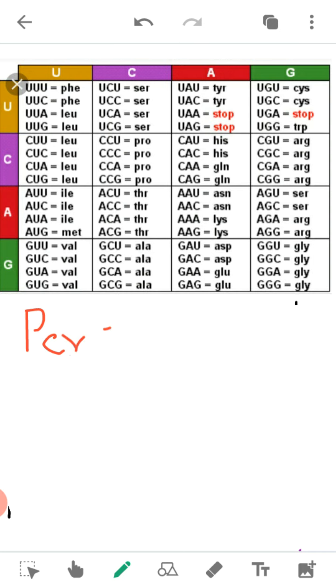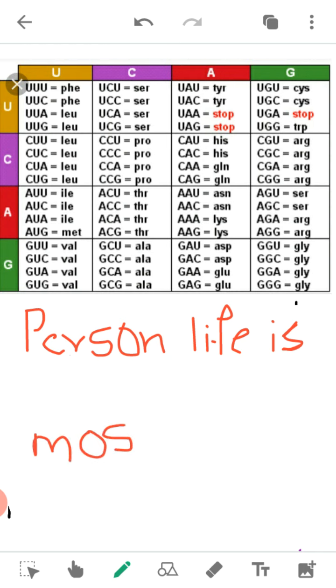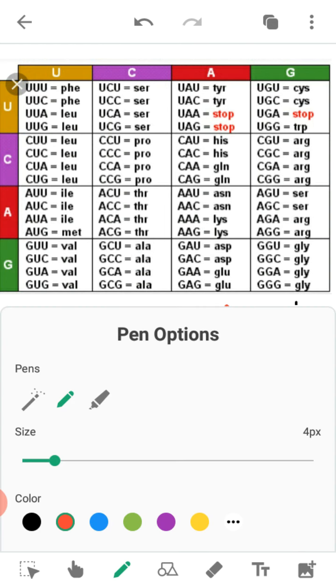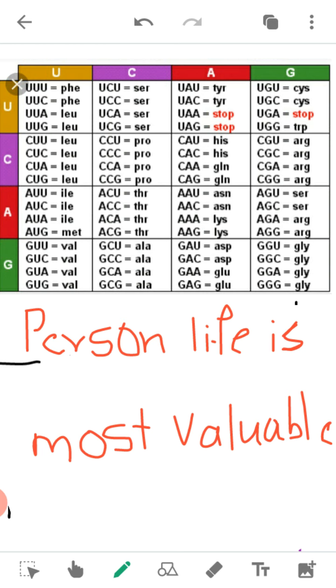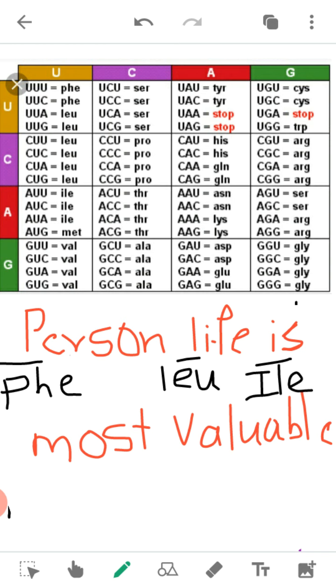Person life is most valuable. Here P is for phenylalanine, L is for leucine, R is for isoleucine, M is for methionine, V is for valine.